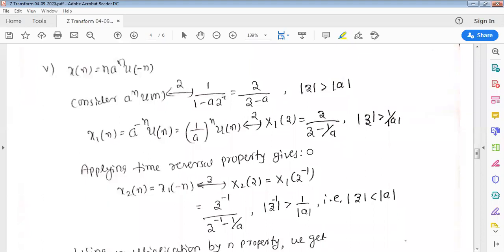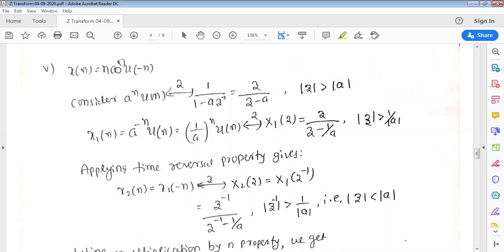So what I will do is take x1 of n equal to a^-n u of n. So a^-n becomes (1 by a)^n u of n. So this z transforms into x1 of z equal to z by z minus 1 by a, with mod z more than 1 by mod a. Why did I take 1 by a power n? Because I should get minus n.